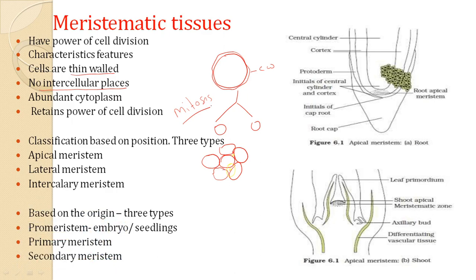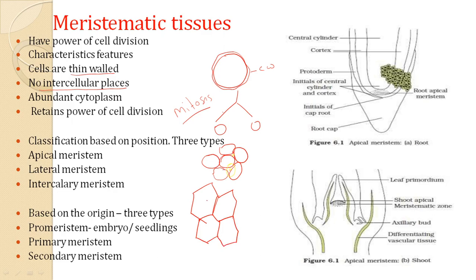Such cells are basically hexagonal in shape. If you find a structure like this, another cell is attached like this, and another cell is attached like this, and another cell is attached like this.